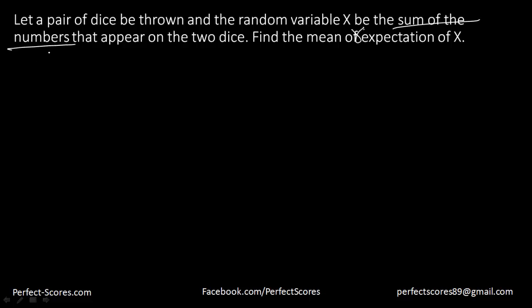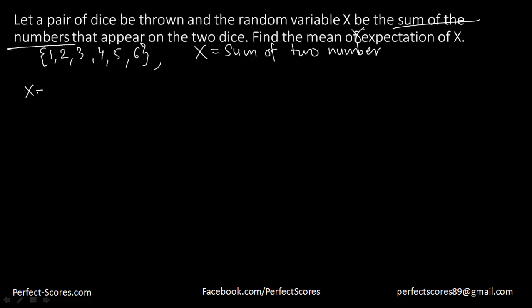The die can take 1, 2, 3, 4, 5, 6. These are the numbers that it can take. So what is the minimum possible value that x can take, where x is the sum of two numbers? The minimum possible value for x will be equal to 2.